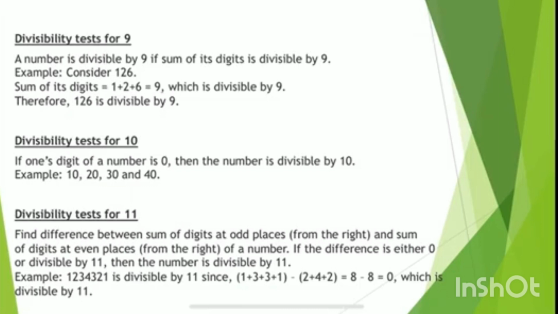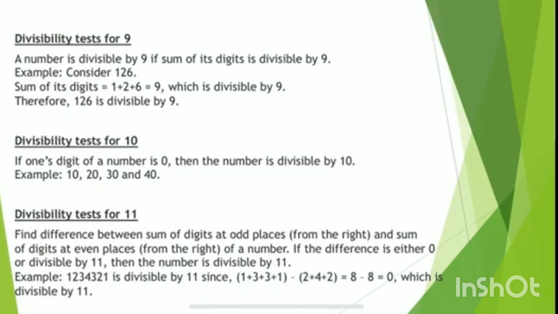Now let us discuss divisibility of 11. Find the difference between the sum of digits at the odd places and the sum of digits at the even places. That means first we have to find the digits in the number which are at odd places and add them.